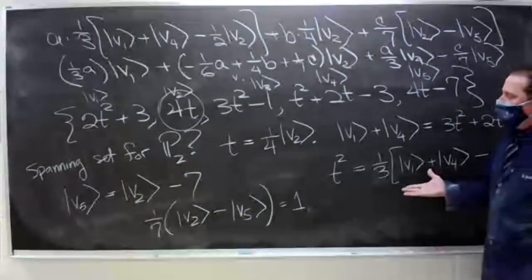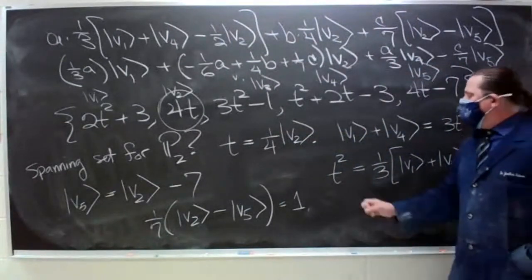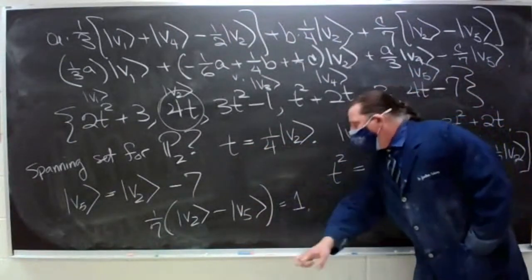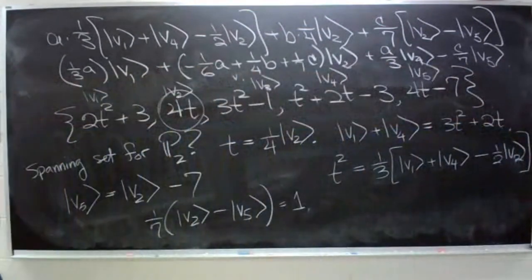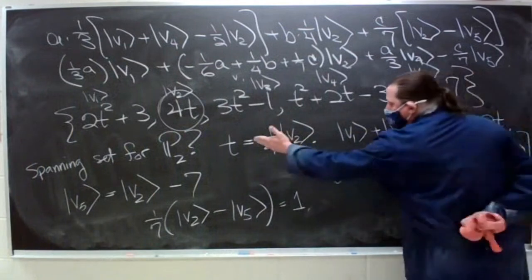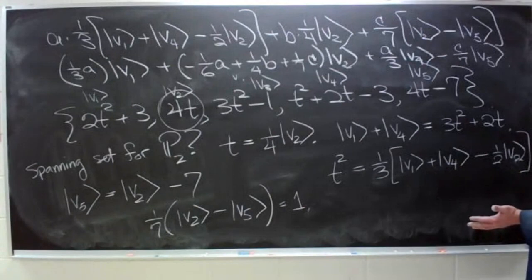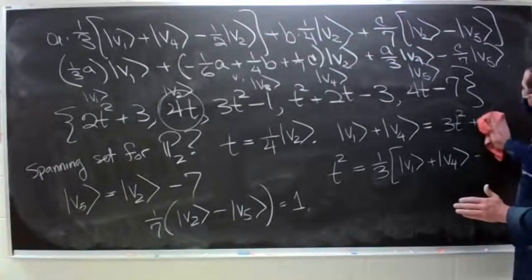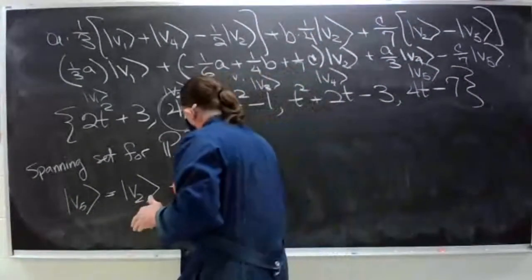All right. So the key to all this lies in recognizing that I can write t squared, t, and 1 in terms of these vectors. Since t squared, t, and 1 certainly do represent a spanning set, the fact that I can write t squared, t, and 1 in terms of some combinations of these vectors implies that these guys do span.